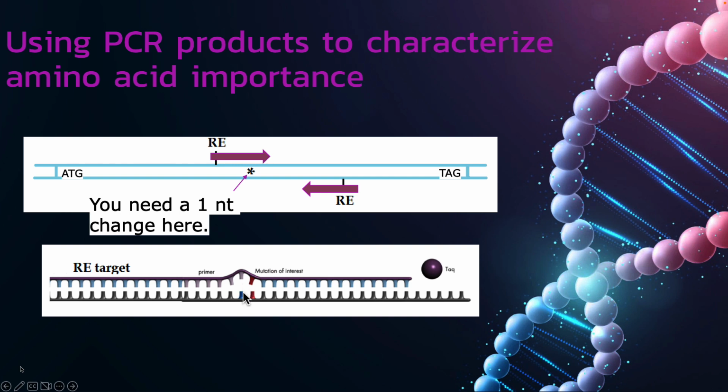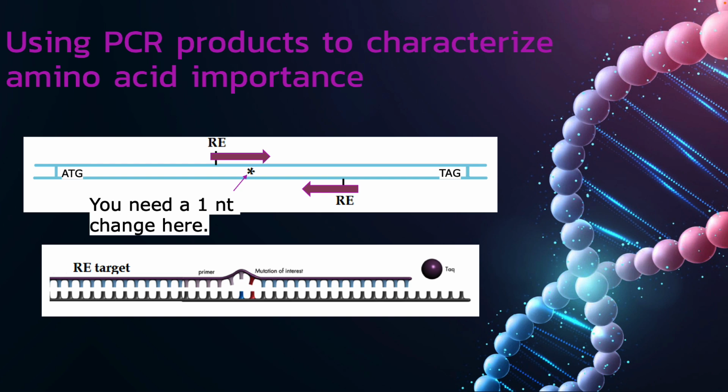That slight mismatch is totally fine. But as we start to amplify over and over and over again, that change gets incorporated every time this piece is amplified. So eventually, we end up with our mutant. And that can help us to identify protein function. So it's a really cool application of PCR.